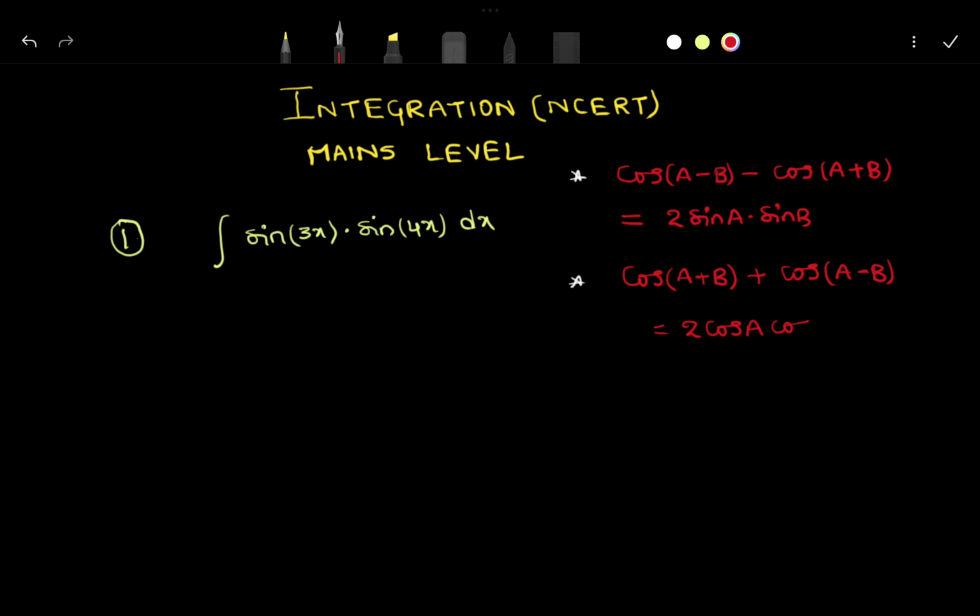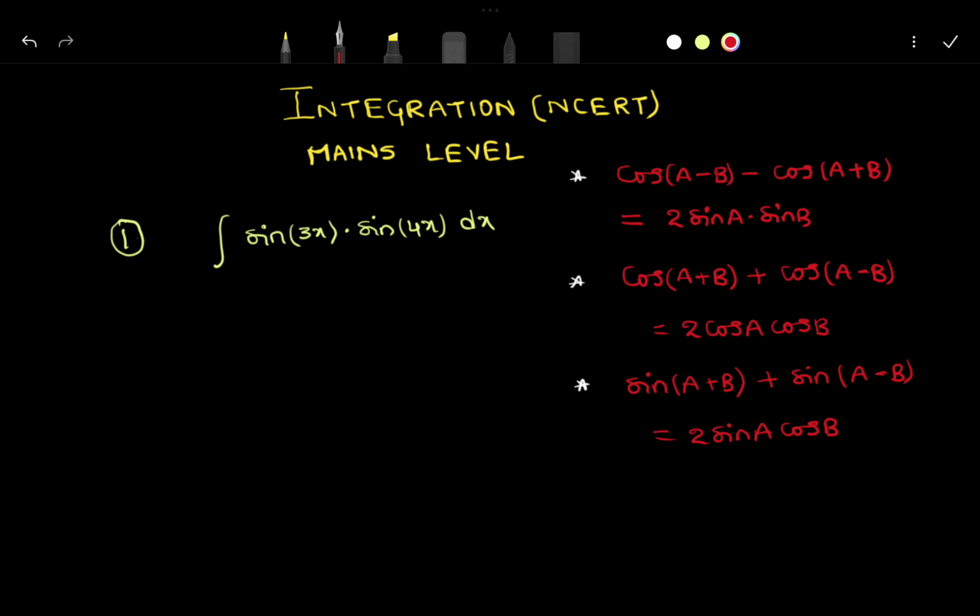Next, one more result in trigonometry: sin(a plus b) plus sin(a minus b) equals 2 sin a cos b.